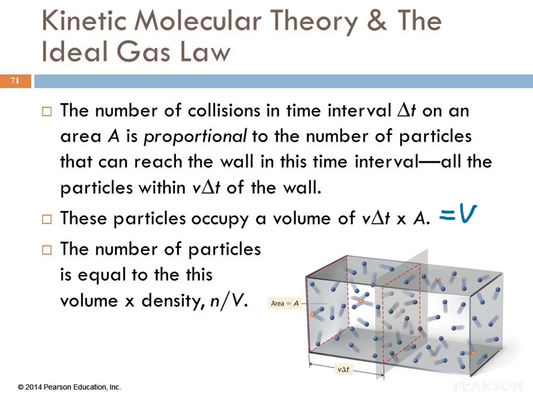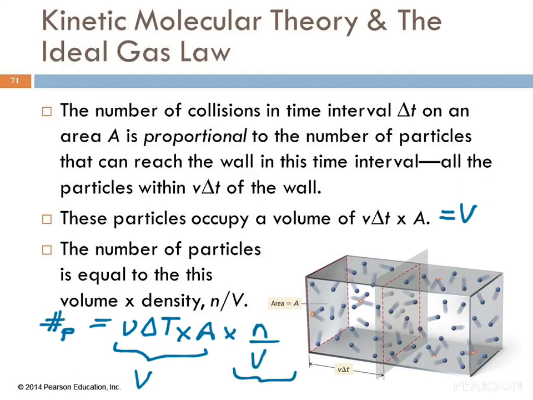If we want to find out how many particles are in there, it's going to be the volume times the density. The density is the number of particles, or the moles of particles, divided by the volume. So the number of particles is going to be the volume, which is velocity times delta t times area, times the density.